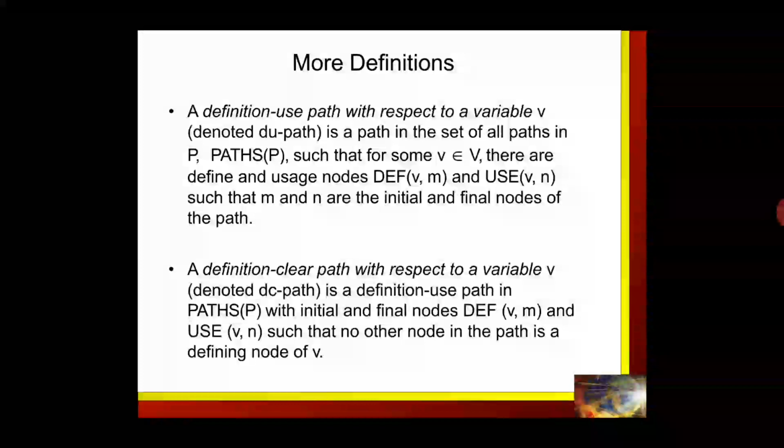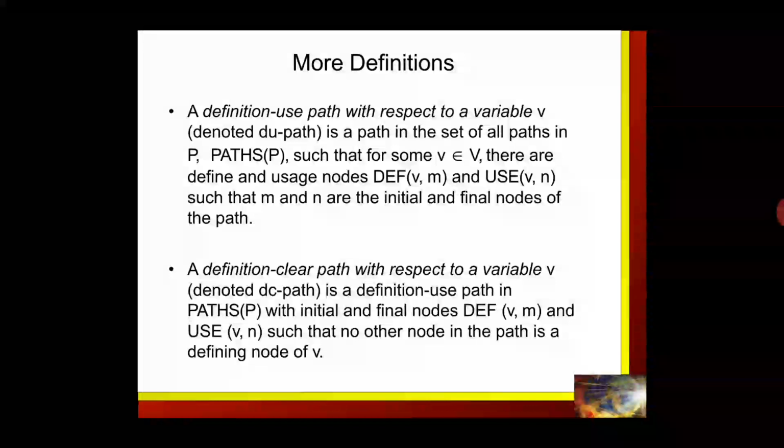Du path is a path in the set of all paths in P such that for some variable v which belongs to V, capital V, there are a define node def v,m and a usage node use v,n, such that m and n are the initial and final nodes of the path.